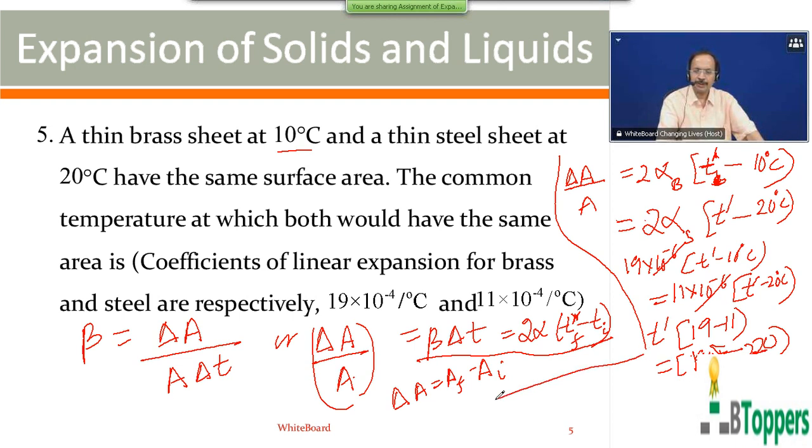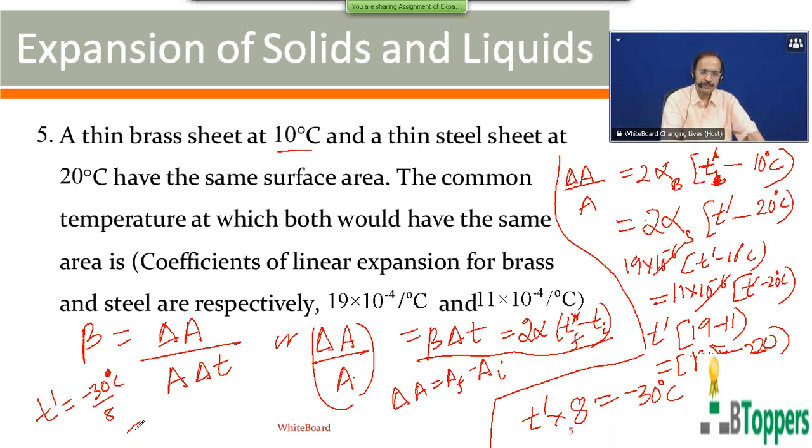Copy down and simplify it. So you get T dash equal to minus 30 by 8, that is minus 15 by 4, minus 3.75 degrees centigrade.